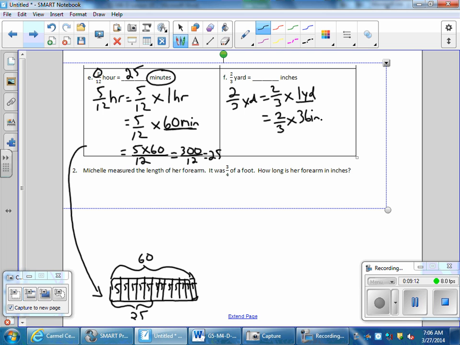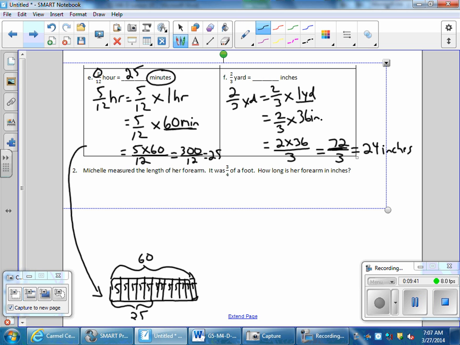So I'm taking 2/3 of 36 inches. Numerator times the whole number 36 divided by the denominator of 3. 2 times 36 is 72 divided by 3. 72 divided by 3 is 24 inches. If you need to, set up a standard algorithm to divide 72 by 3.